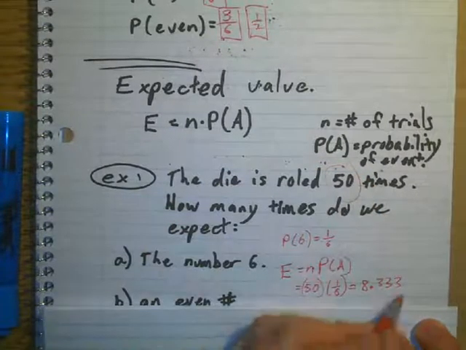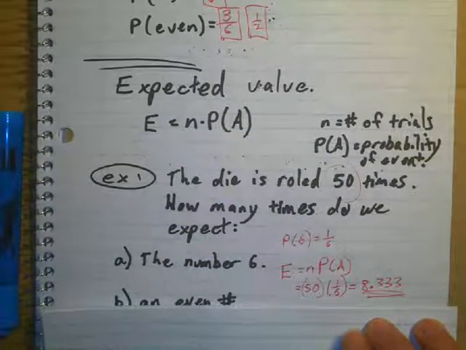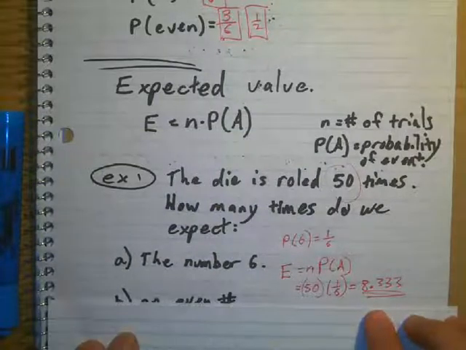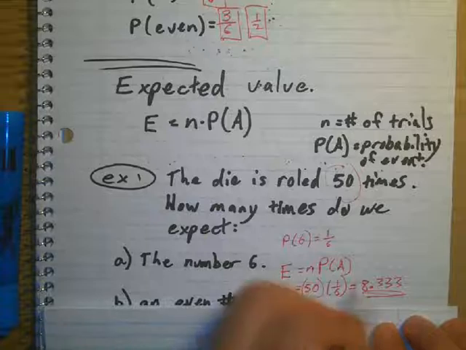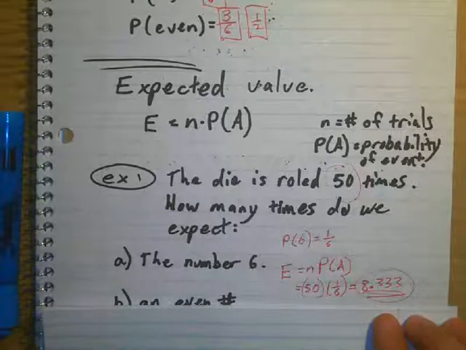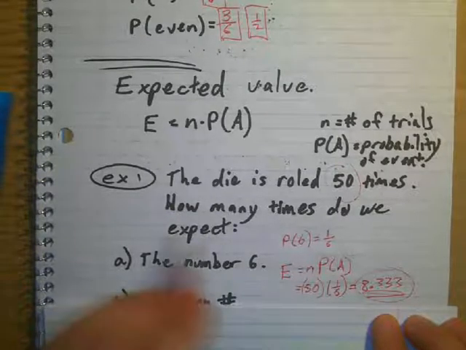So what does that mean? We expect to get the number 6 about 8 times when you roll a die.